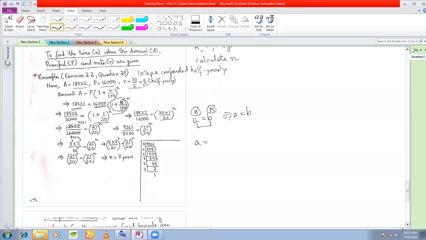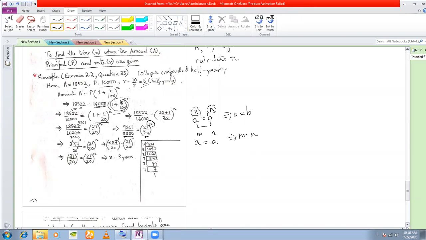Similarly, if the bases are the same, then the powers have to be the same. So here I have the power n and these two bases. Clearly I want to make these two bases equal. How can I do that?